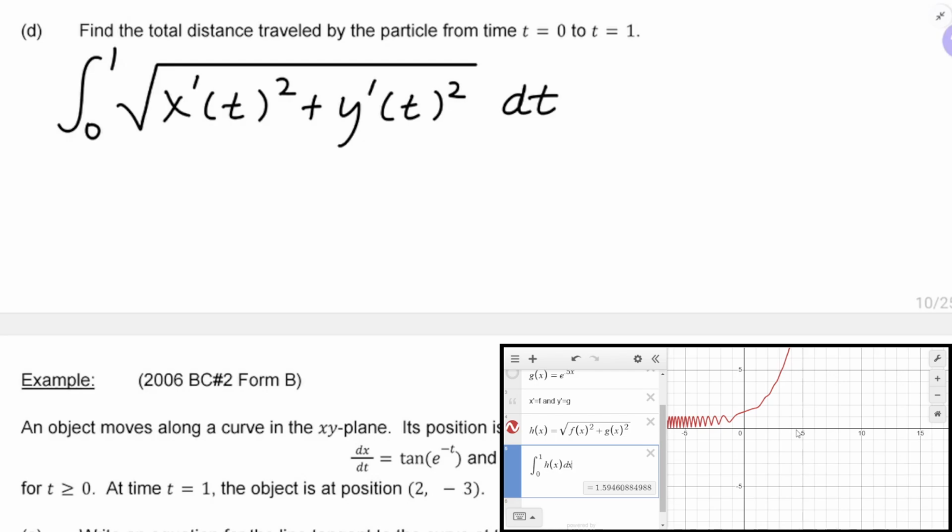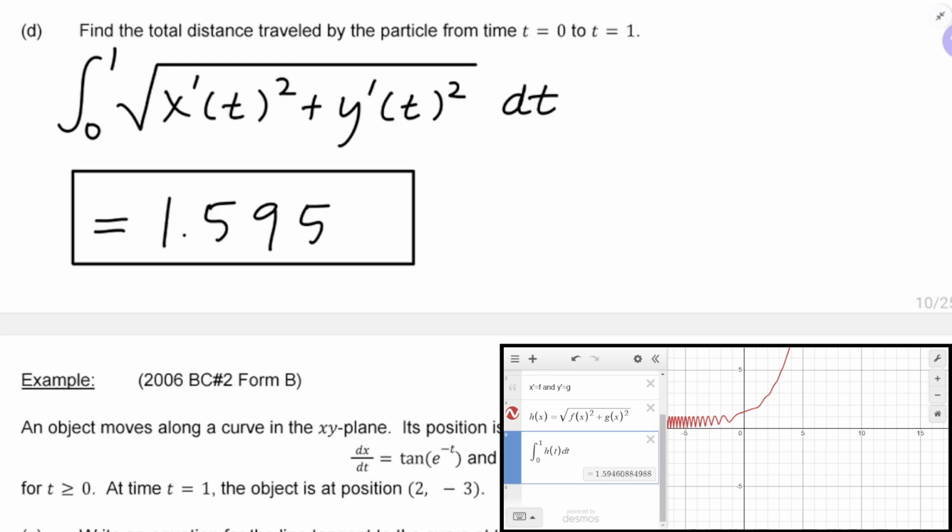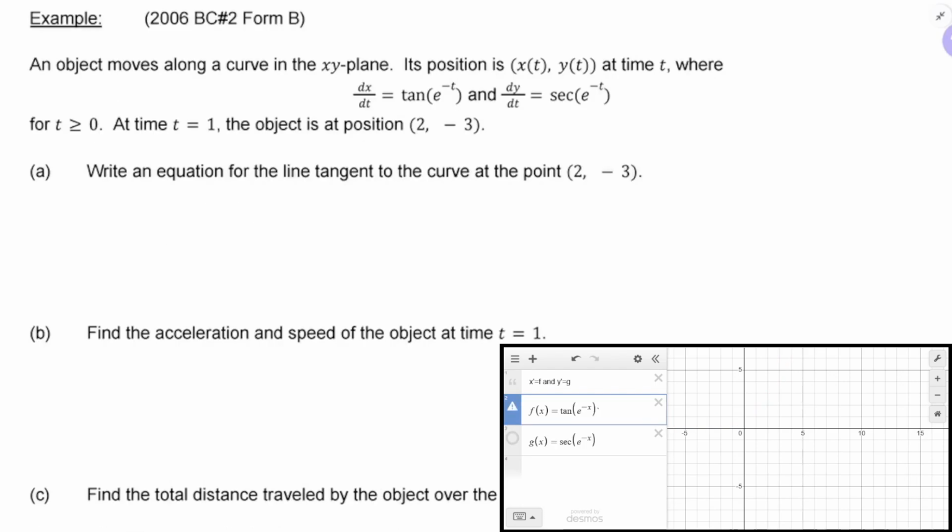There you go. 1.595. Wait, whoa. I'm not totally sure how I got that the last time I worked this problem, but I kind of remember that was the number I got in class, so I'm satisfied with that, and I'm going to move on.